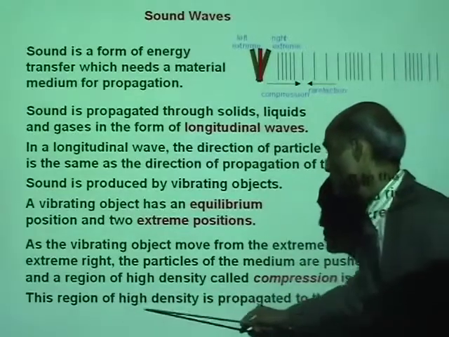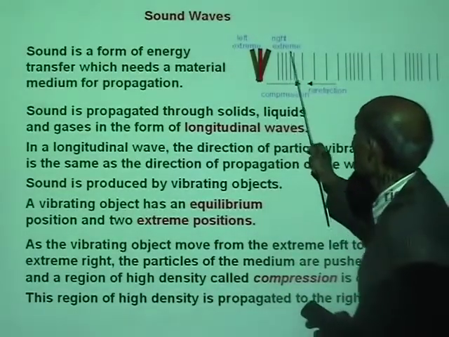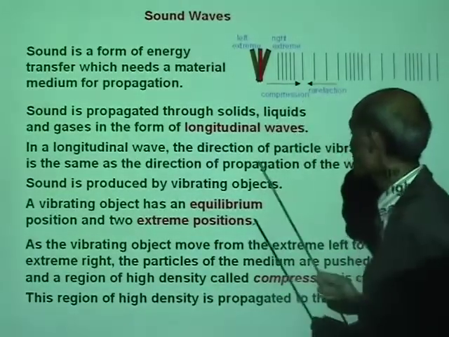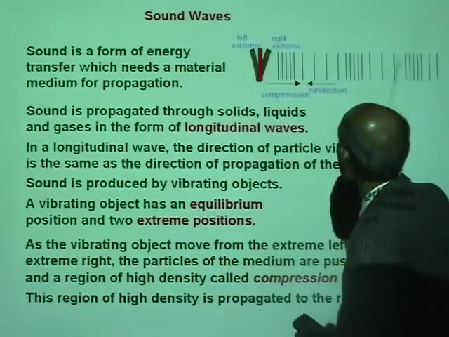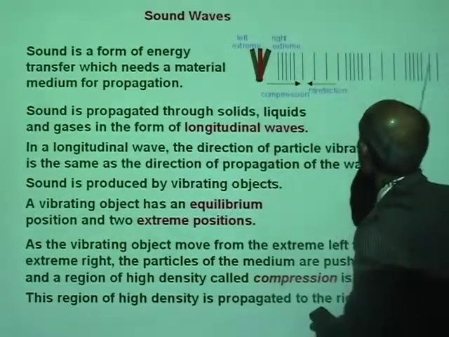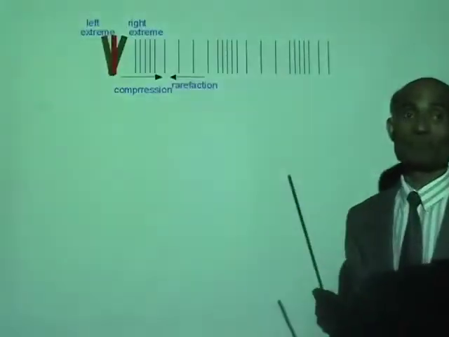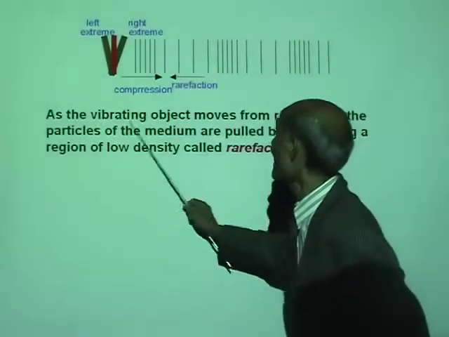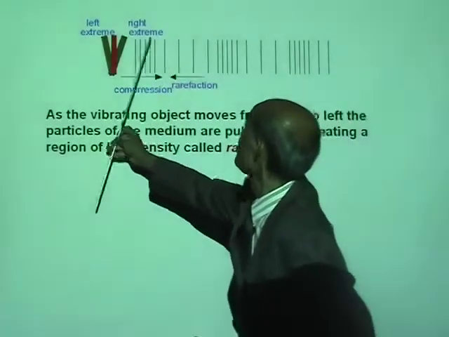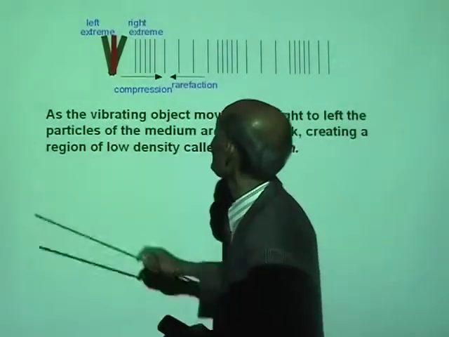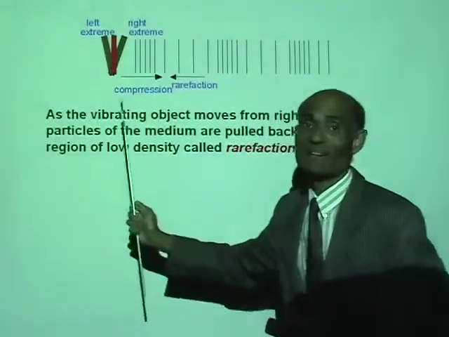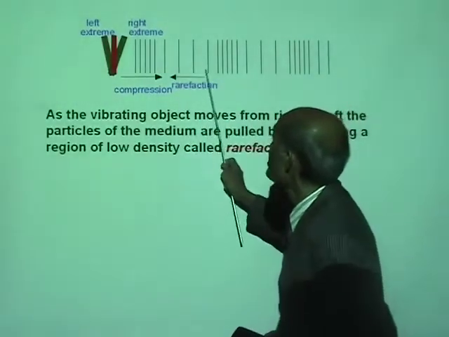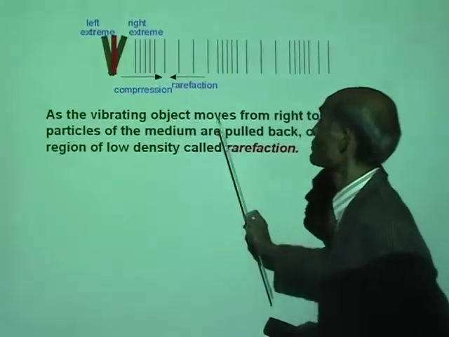Now, this region of high density, this is the compression, gets propagated. A compression gets propagated in the medium. As the vibrating object moves from right to left, particles of the medium are pulled back, and that creates a region of rarefaction.